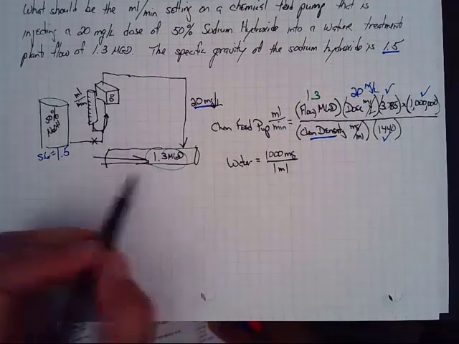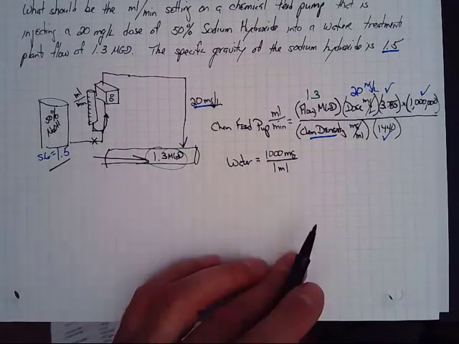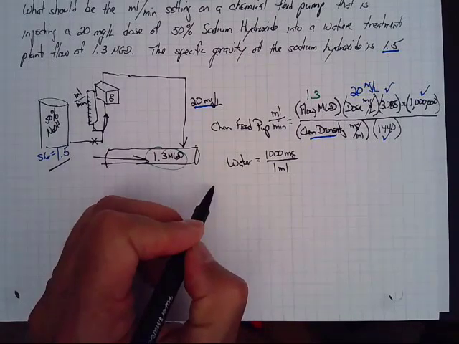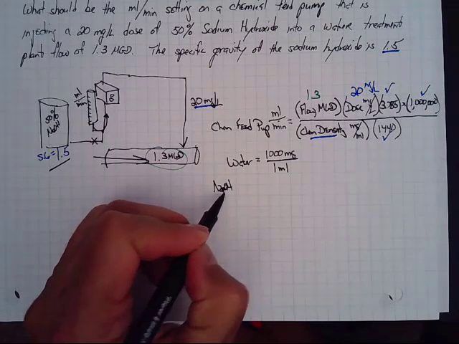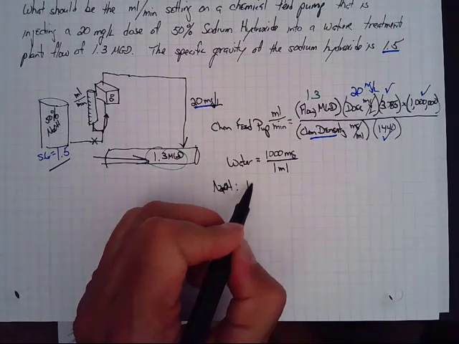And when we're given the specific gravity of any liquid, we can figure out what the weight of that liquid is in milligrams per milliliter. Sodium hydroxide weighs 1.5 times the weight of water.